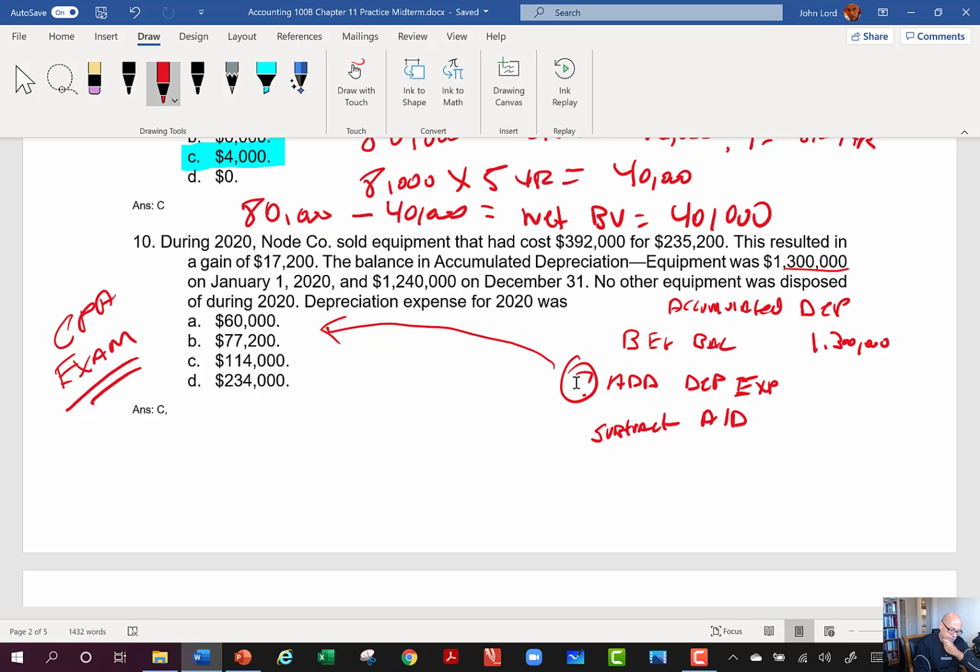In this case, they tell me a gain, so the corresponding credit would have been to gain. So I know I'm going to have to debit accumulated depreciation here, subtract. And then I will end up with an ending balance, and that ending balance, thank you, they gave me is what?